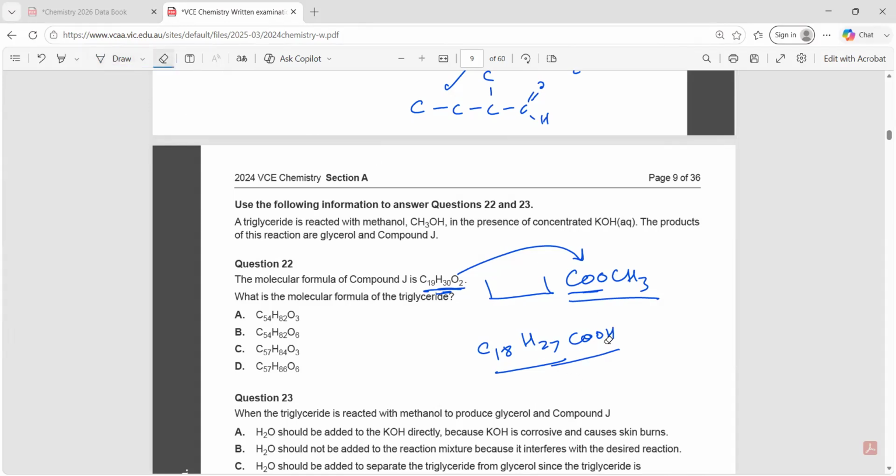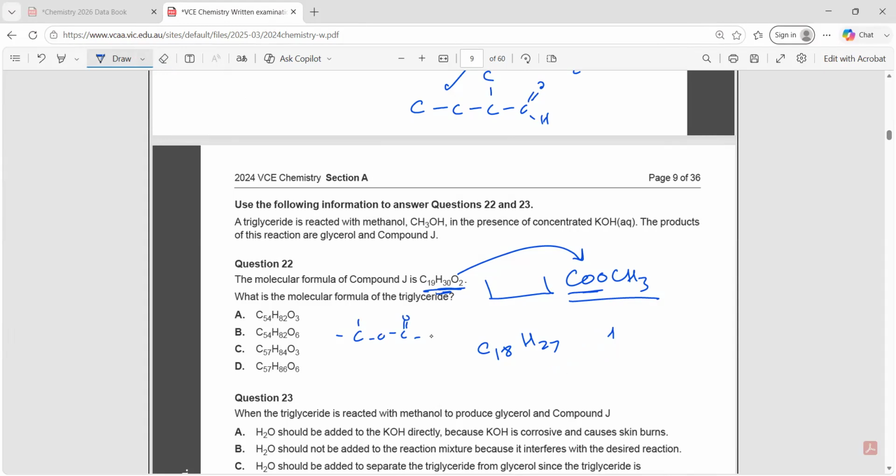Cool. So it would be your C18, H27. Okay, this is going to be pure guess, but it should be 18 times 3 plus 6 carbons. So 54.